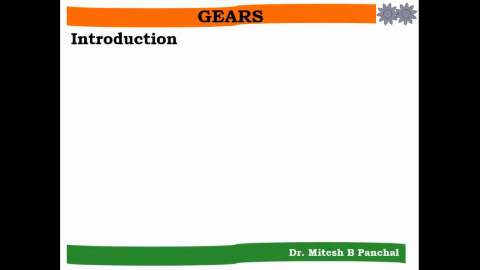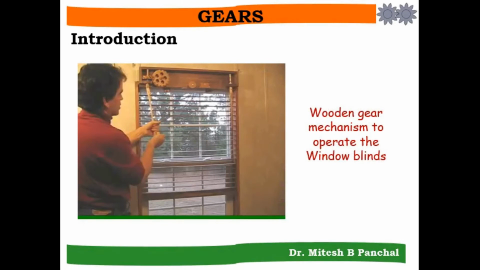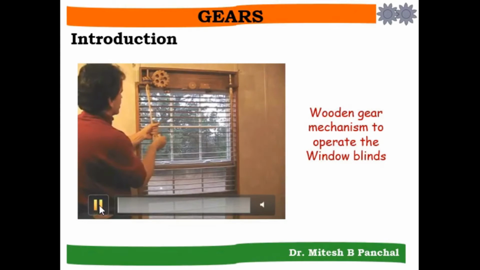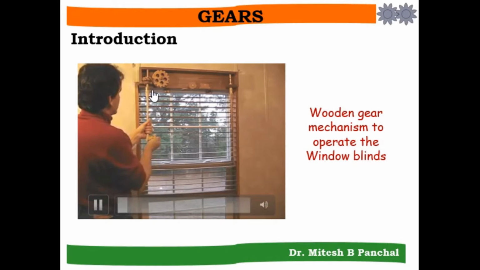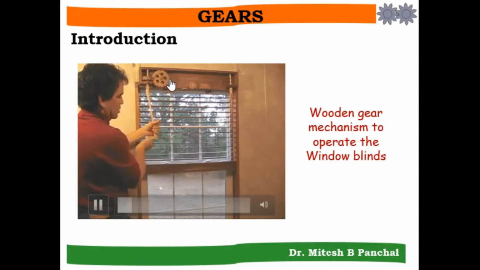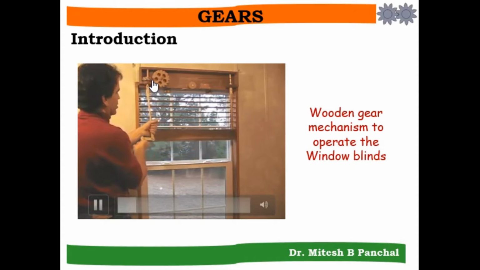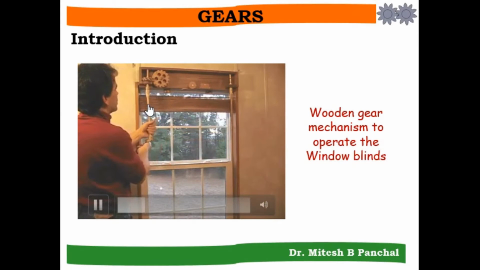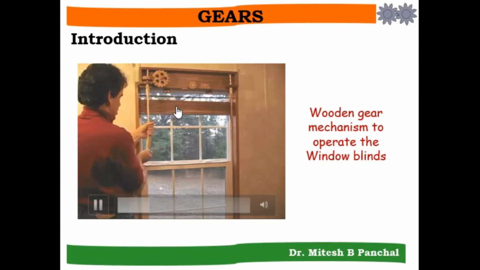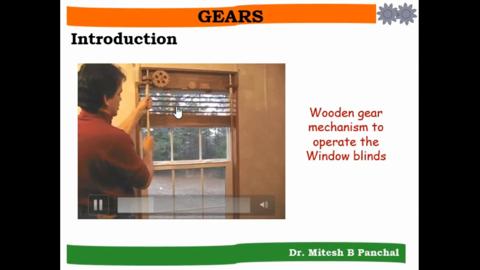Another example is regarding wooden gear mechanism to operate the window blinds. You can see here there is a gear train which is used to lift the window blinds, all the strips of the window blinds.